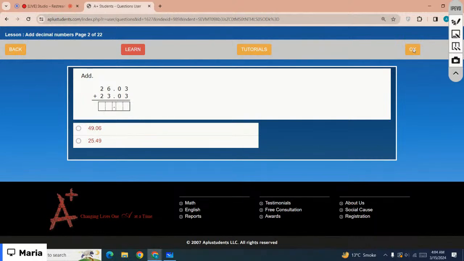Yes, the correct option is the second one. Sorry, the first one. 49.06 is the correct option.